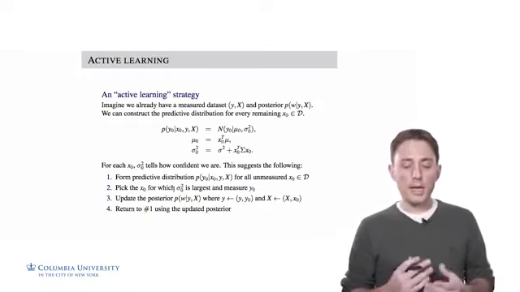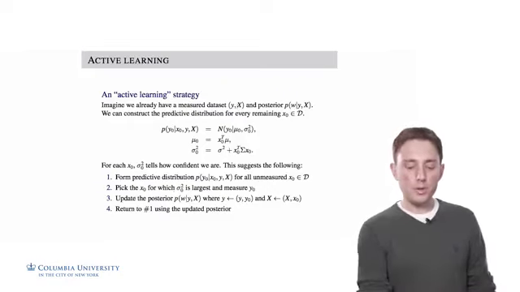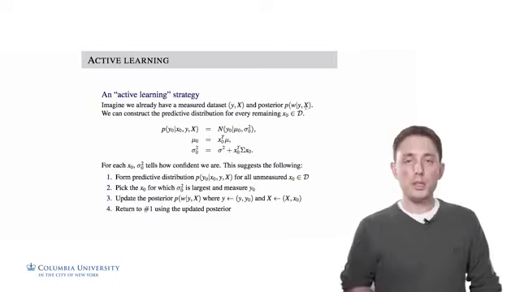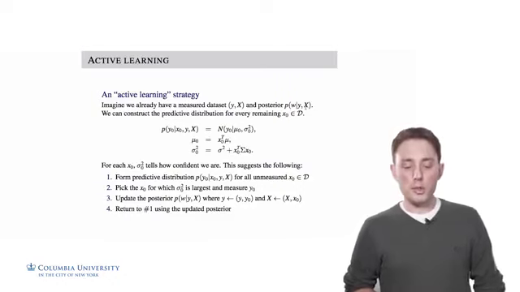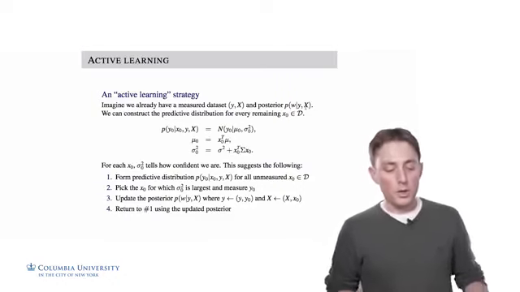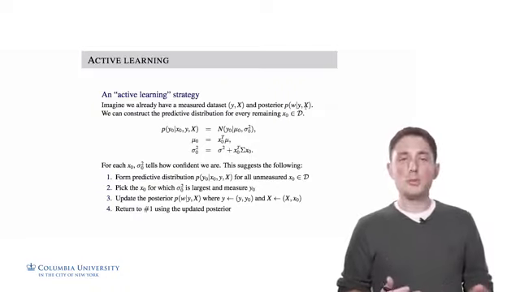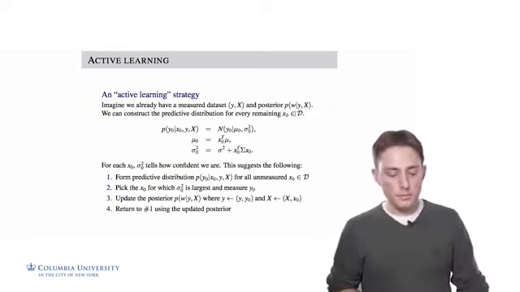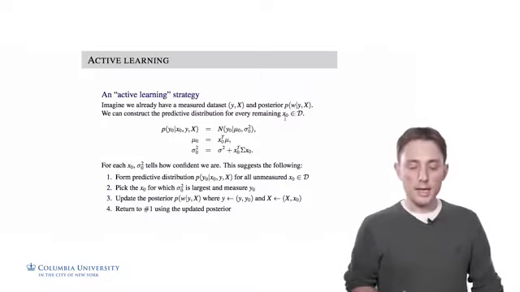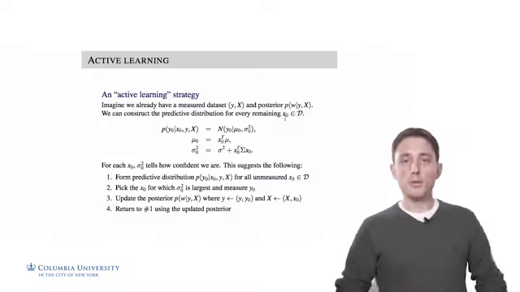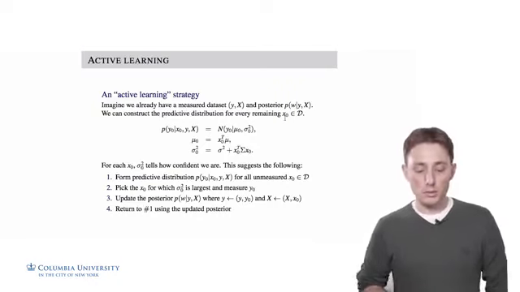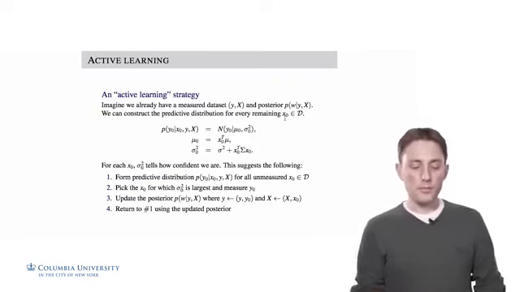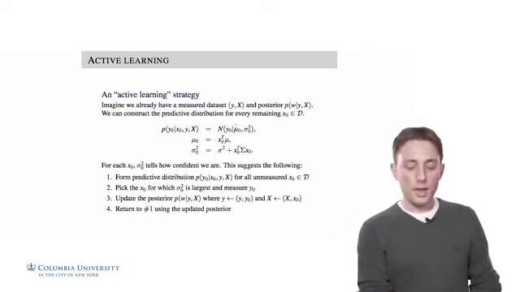So imagine that we already have a measured data set, y and x, and therefore we've computed the posterior distribution of w given y and x. We can then construct the predictive distribution for all remaining x0 in our data set. So these are all the x0 in the data set for which we don't have the corresponding response. And we've seen how that predictive distribution can be written this way.